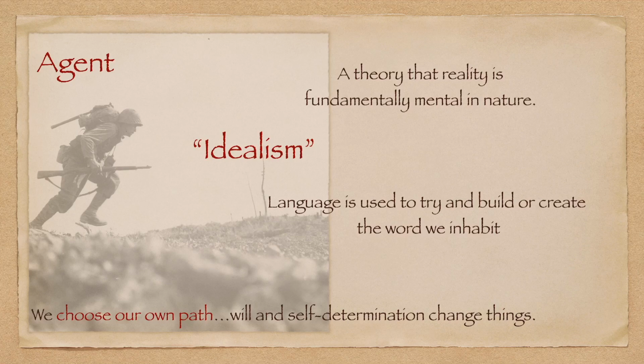You do it through your own commitments, your will and self-determination. That's what's being forwarded. These are the ideas. If the agent is the dominant aspect of the message, then these are the ideas that you can expect to find driving the message forward, providing the core of the motives that you'll find inside your message.